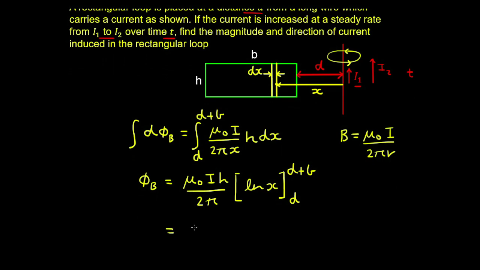So that gives a total magnetic flux of mu naught I h on 2 pi by the natural log of d plus b on d.